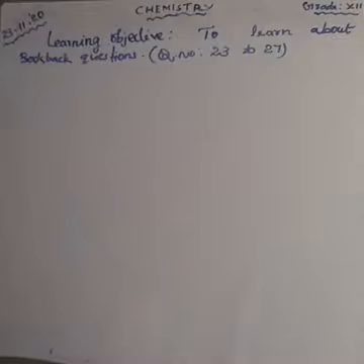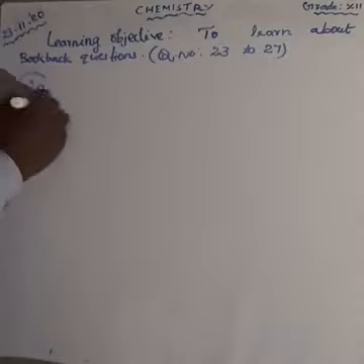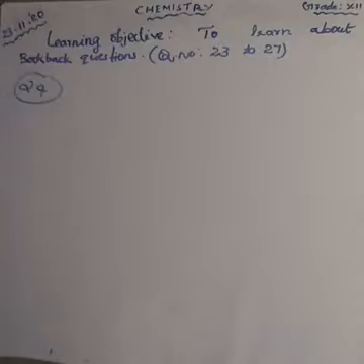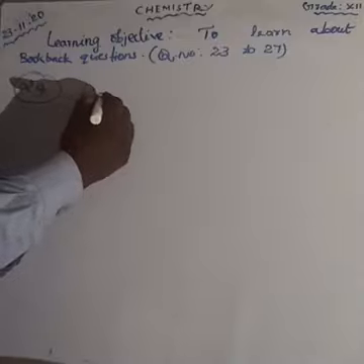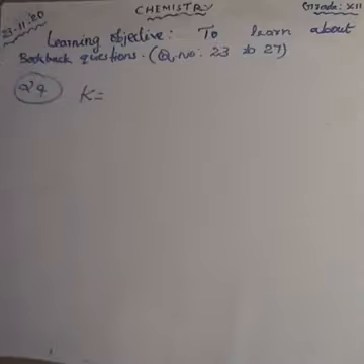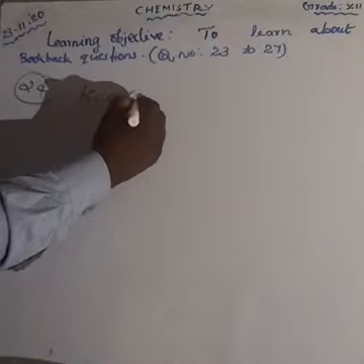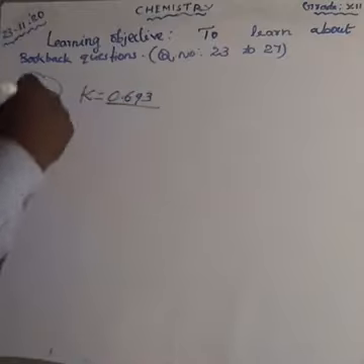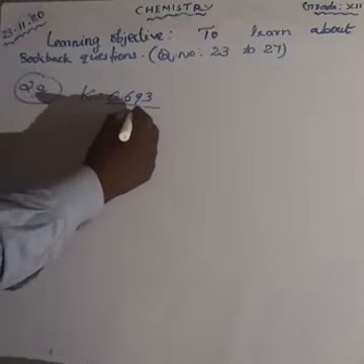For question number 24, first you write K. K is equal to, as per the formula, 0.693 divided by half-life, that is T half.